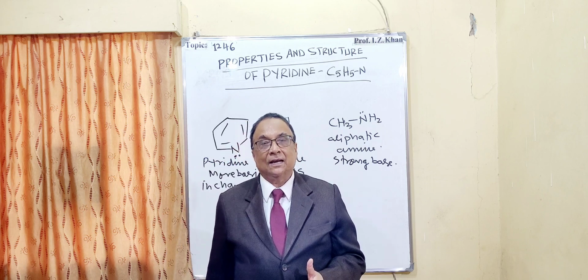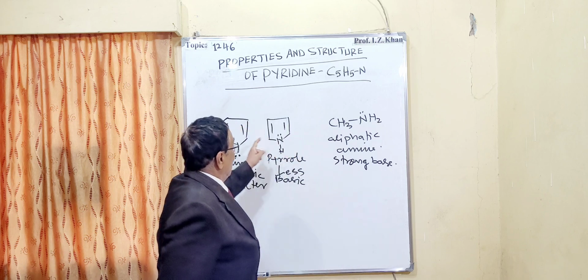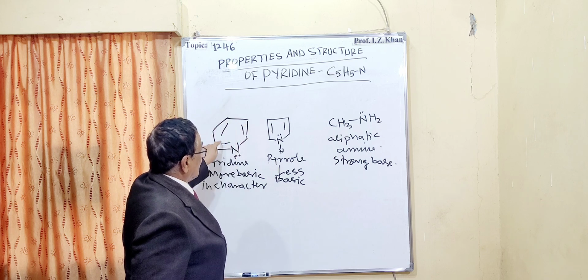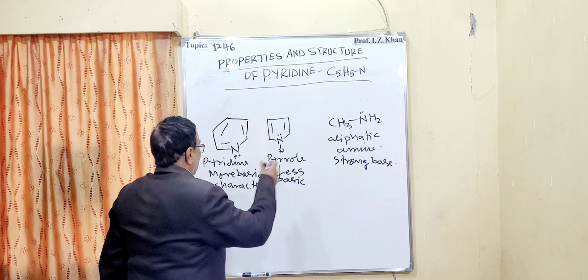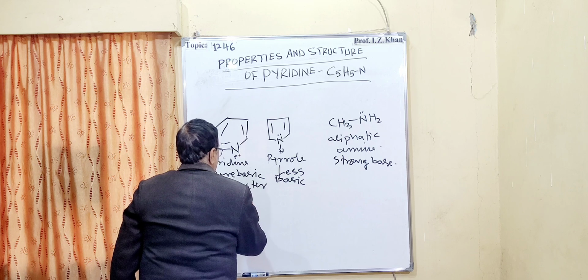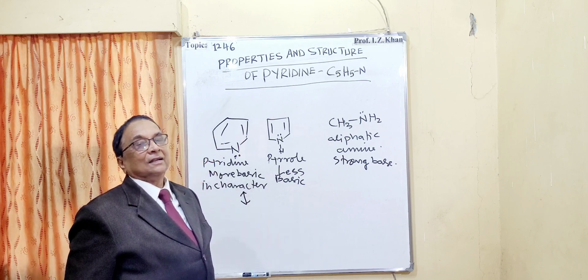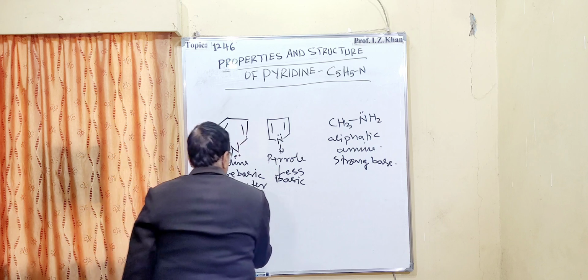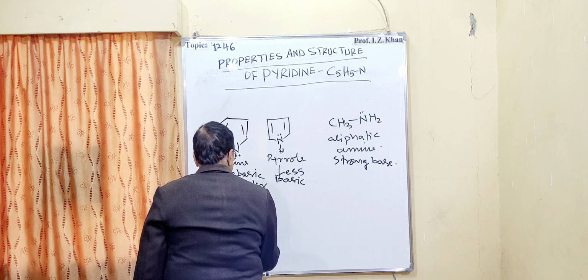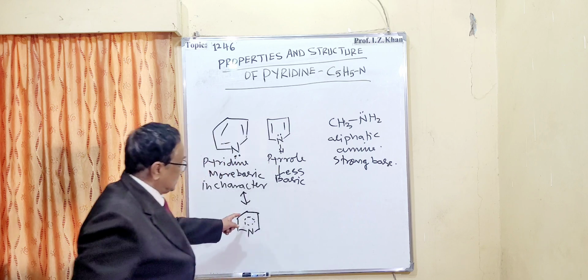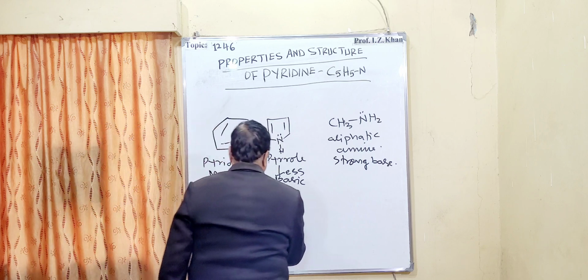The reason is that these three bonds which we have shown here are not actually original double bonds, because the 6 pi electrons are delocalized and moving. So this is a delocalized pi electron system.